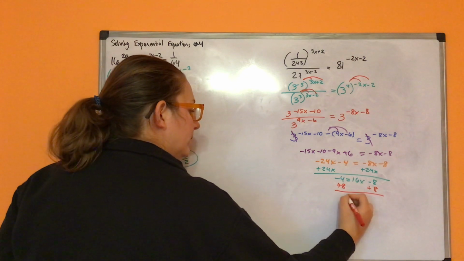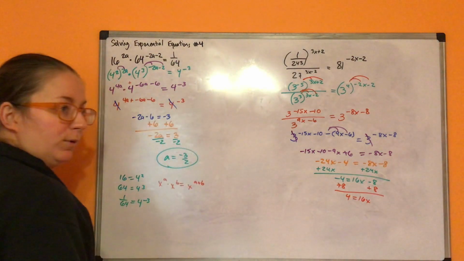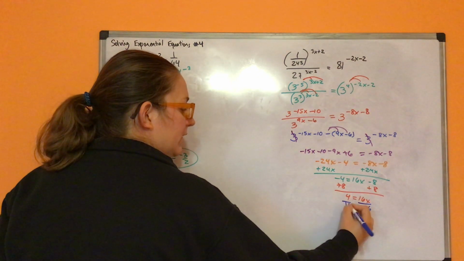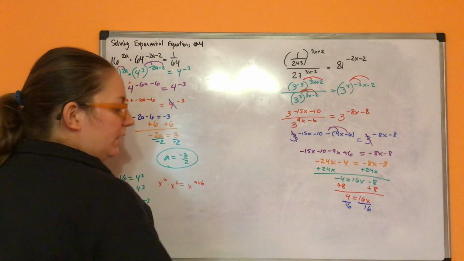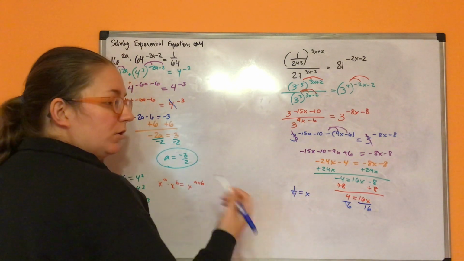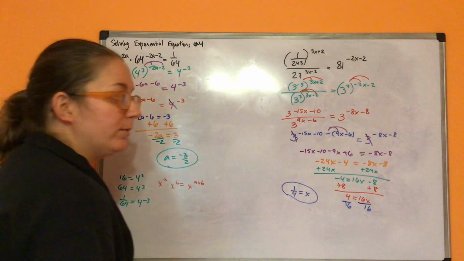Adding 8. Last but not least, I need to get my variable completely by itself. So to do that, I divide by the number in front of x. 4 over 16, if you would like to reduce that as a fraction, is 1/4. So your answer is 1/4, or if you would rather write that as a decimal, 0.25.